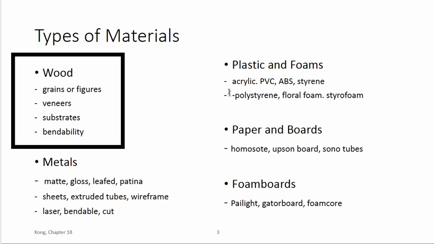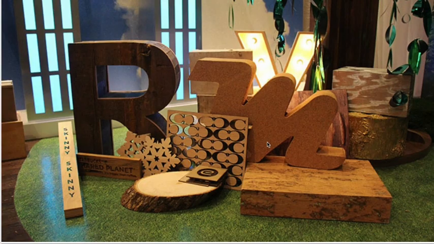So there are different kinds of materials, and I'm going to show you examples through these images. These are also wood materials, the corkboard or MDF or reclaimed wood or just a piece of wood. And these are also cut by laser at the shop and made into dimensional letter forms.